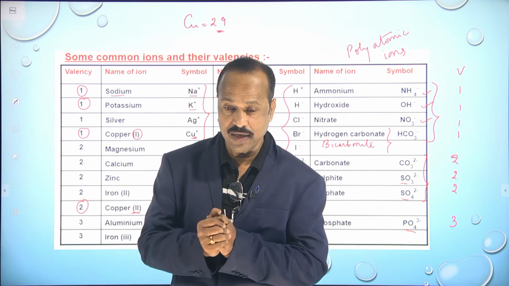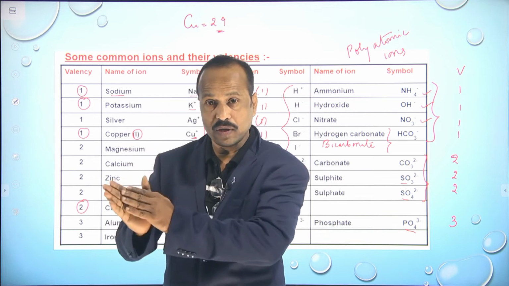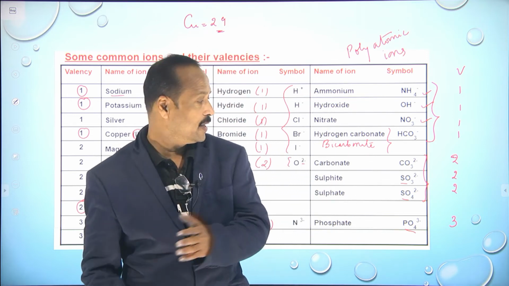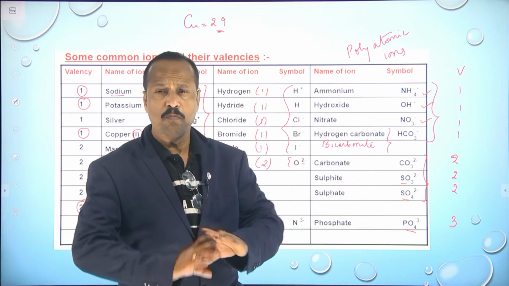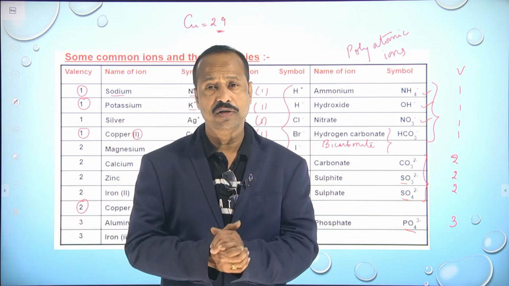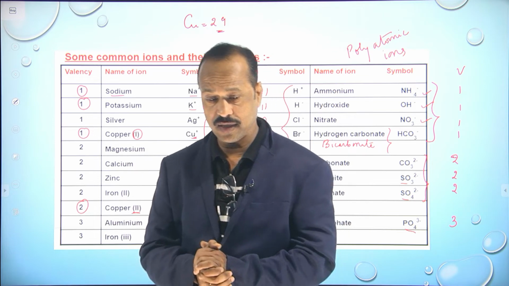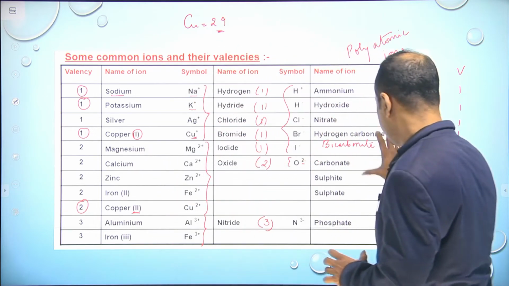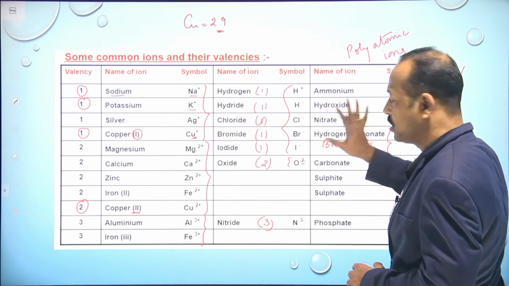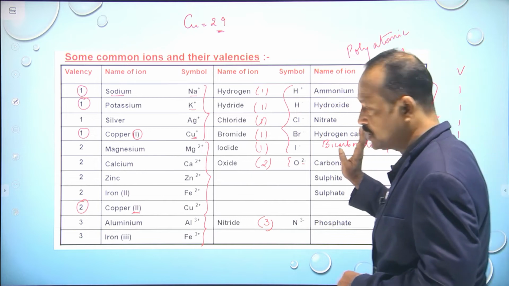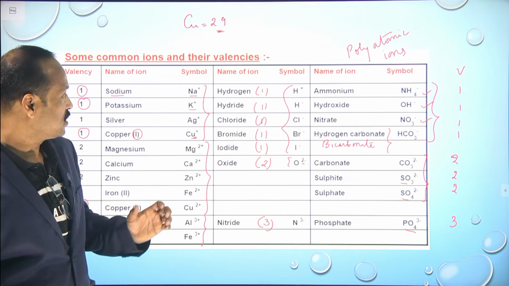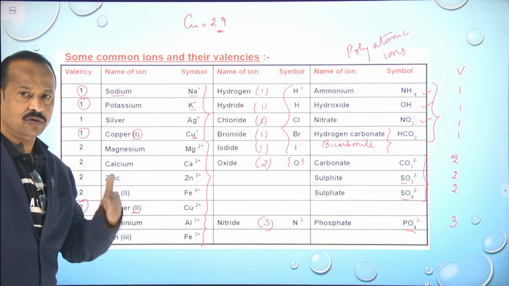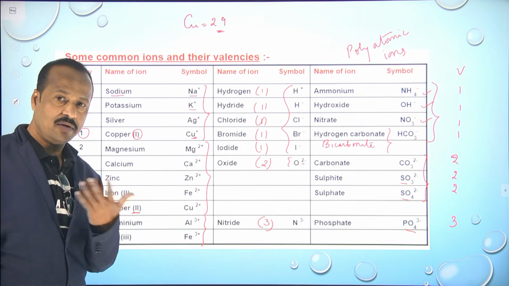You will learn all this, but to write it perfectly, you need to know these things, which are very important. Most of the chemical compounds used up to 10th class, these ions are sufficient to write the chemical formulas, and of course some extra will also be there, that we can discuss later.